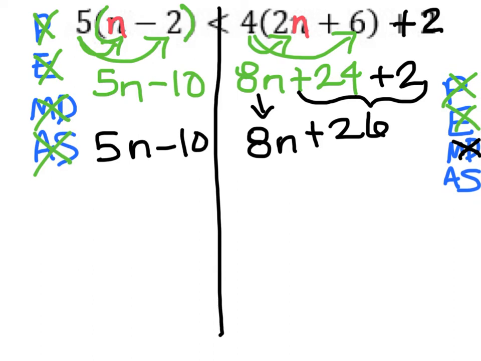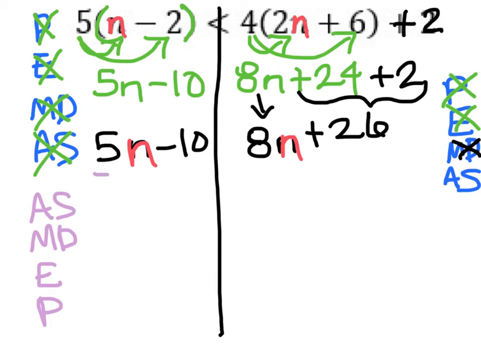I've simplified both of these expressions as much as possible, so now I need to start solving. Again, I want to make sure I know where my variables are, and I can see they're on both sides of the balance line, so I'm going to have to manipulate a little bit to get them where I need them. And to solve, we will work this backwards, or in reverse.